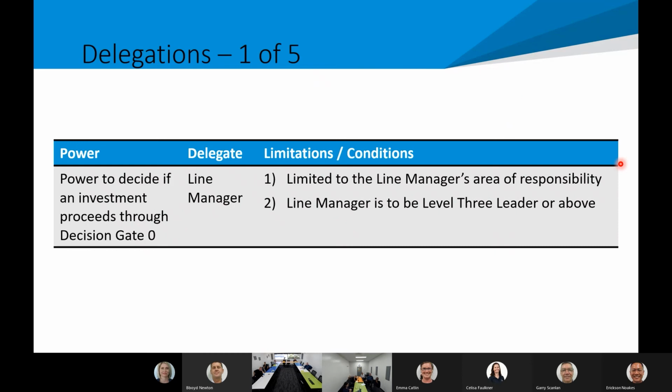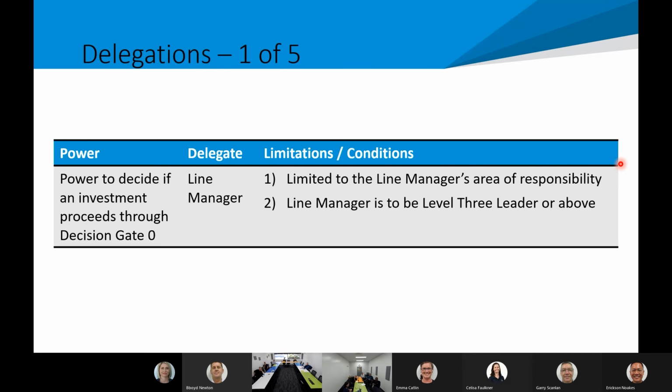There are 5 delegations, and these are all new. These were created as part of doing the corporate standard. They sit in the administrative delegations register, but they are things that you need to be aware of in terms of your responsibilities, and they do tie back to those categories.